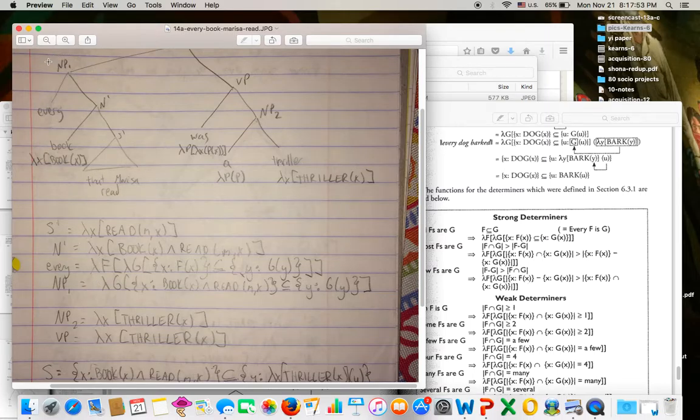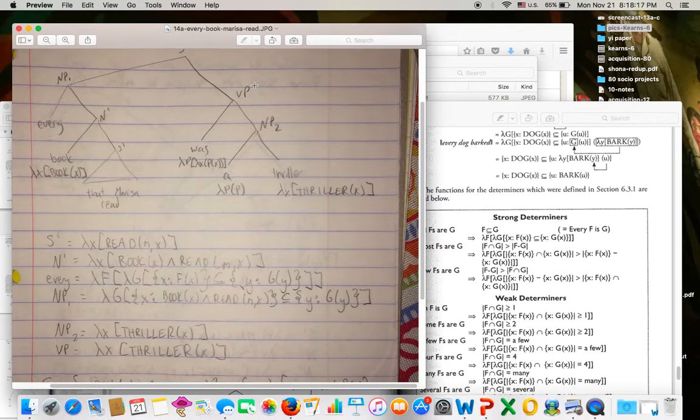So the denotation of this NP node is lambda g, and then this set that is x's and is read by Marissa, okay, which is books that Marissa read, right? It's a predicate that is something that is a book and that was read by Marissa. And so we're still looking for the other predicate that every is going to take, all right?